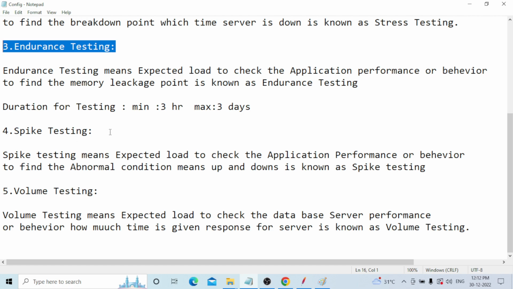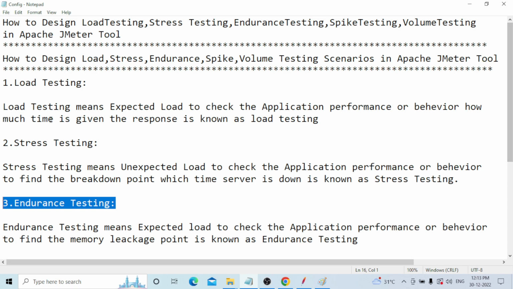Anybody watching this video who has executed them, please comment to me with what configuration, what type of application you are using, what you achieved, what was expected, and what actually happened. You need to mention that. In my next videos I will mention those points also. Okay, these are the total 5 types of important testings, only for performance.